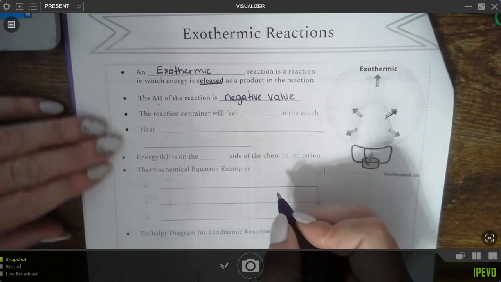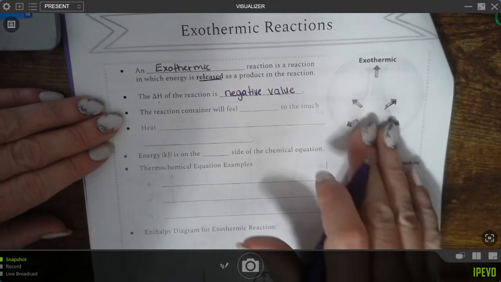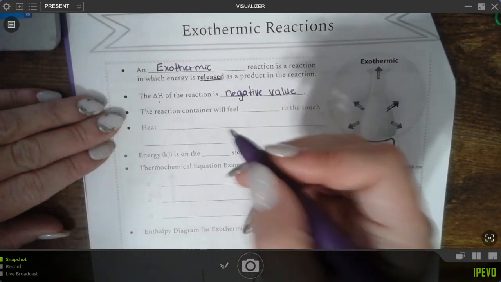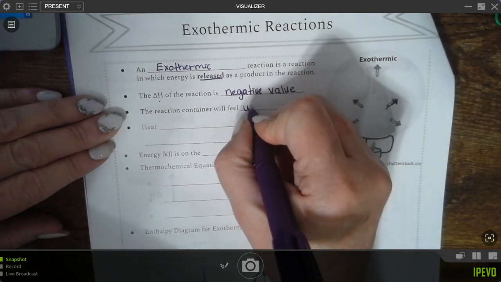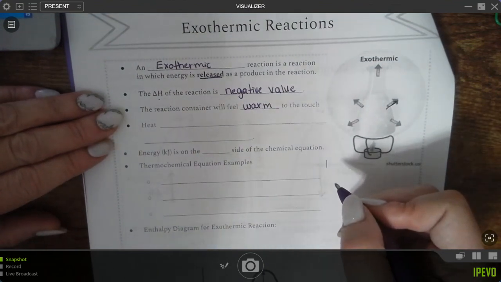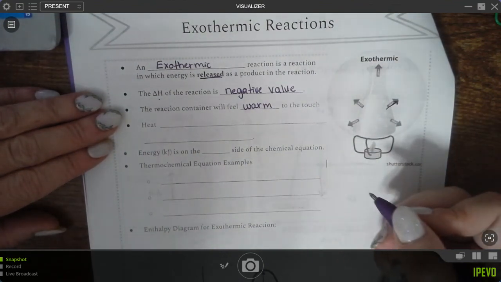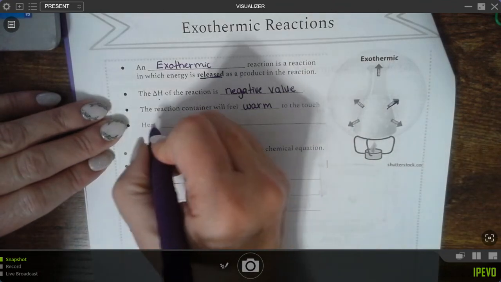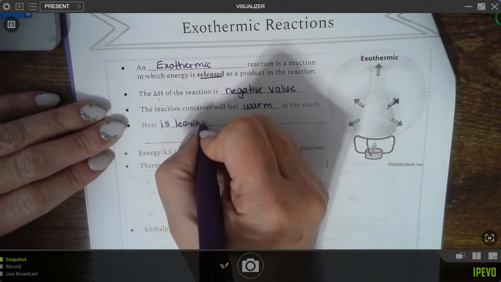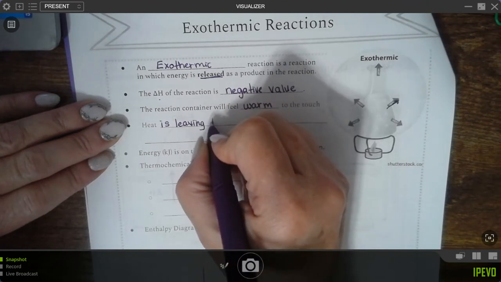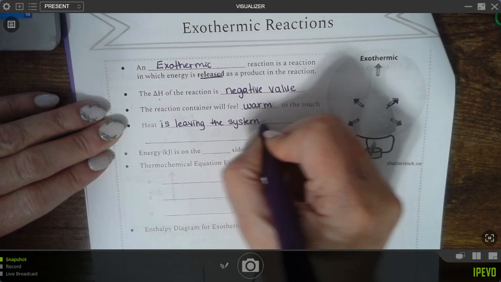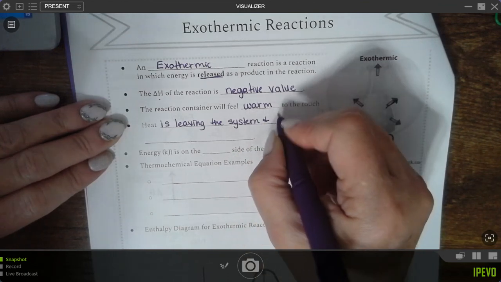The reaction container, if I had a beaker or a flask, would feel warm or even sometimes hot to the touch. Heat is leaving the system and going into the surroundings.